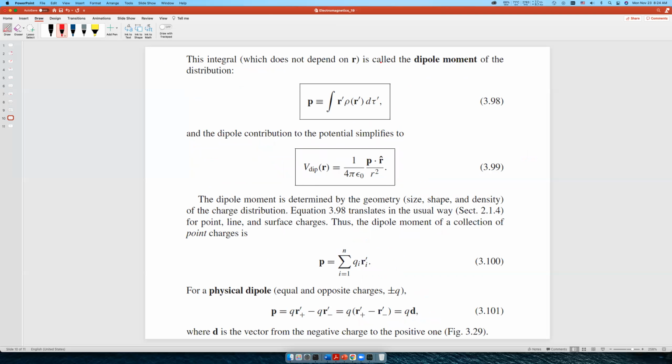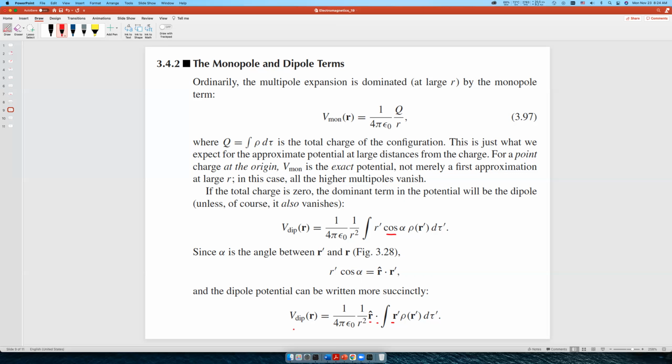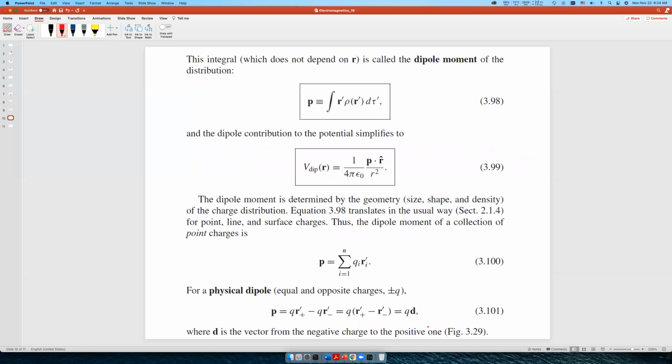Then this integral is called the dipole moment of the distribution. If we let the dipole moment p equal the integral of r prime rho d tau, then this previous equation could be written in this form.